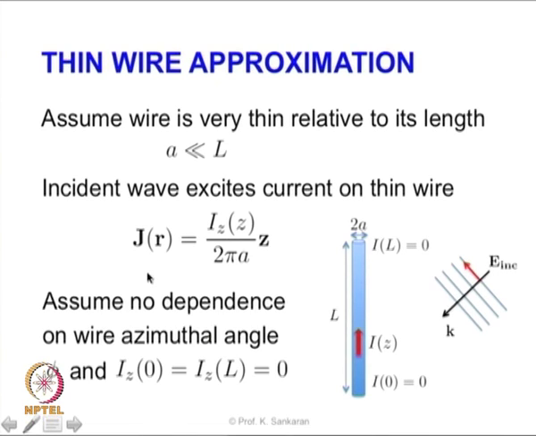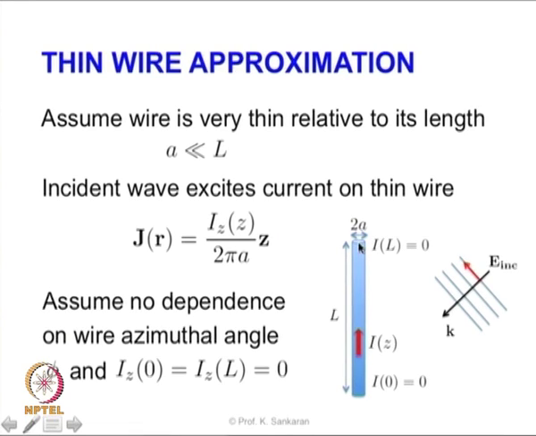And now assume that there is no dependence on the wire's azimuthal angle, which is given by phi, and Iz of 0: when we start with the point here, at this point the current goes to 0. So the current goes to 0 at this terminal and at the other terminal.